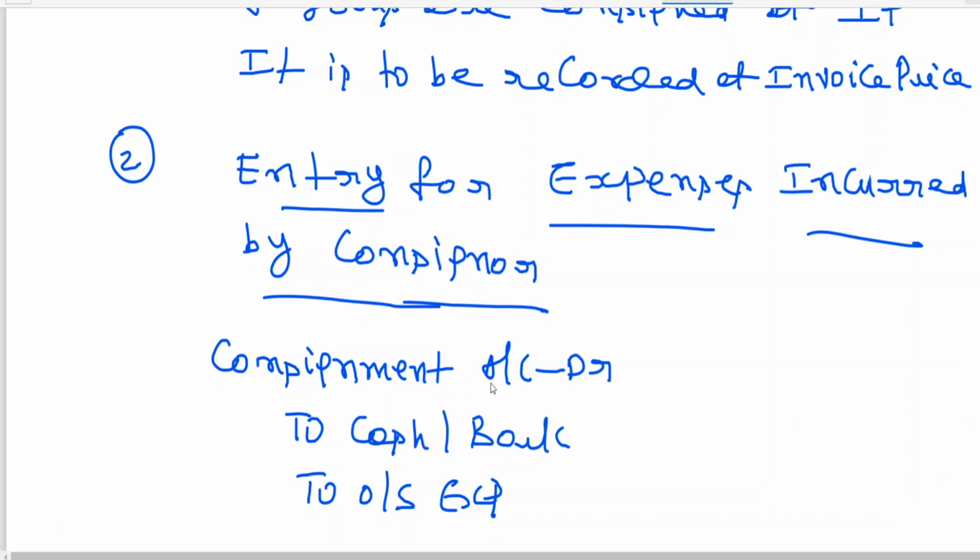I told you consignment account is like a nominal account, that is, to outstanding expenses, if any. Okay. So now here I wish to take you to the expenses part, my dear friends. I will come back to that in just a minute.